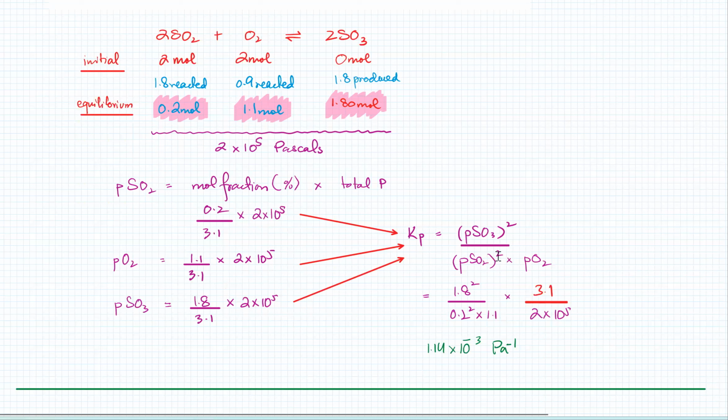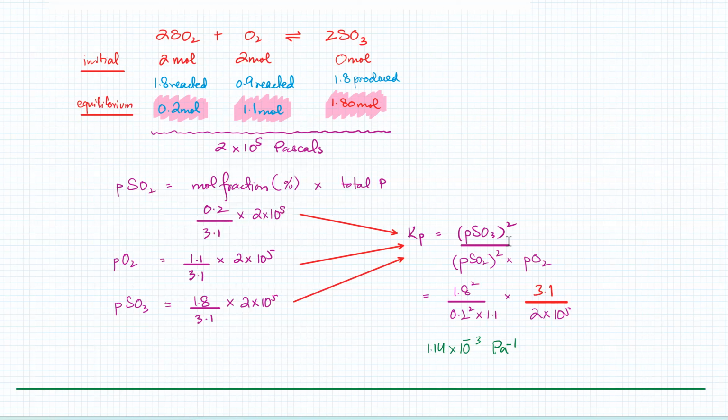So that's why 2 times 10 power 5 did not get cancelled out, okay? But if the number of terms are equal in the numerator and denominator, that means if the equation had an equal number of moles on both sides, then the part divided by 2 times 10 power 5 divided by 3.1, the whole calculation of partial pressure, would be completely irrelevant because that entire calculation would get cancelled out in the expression.